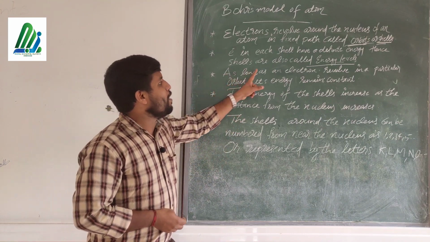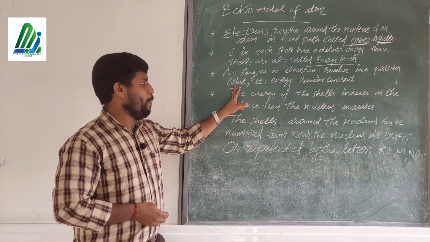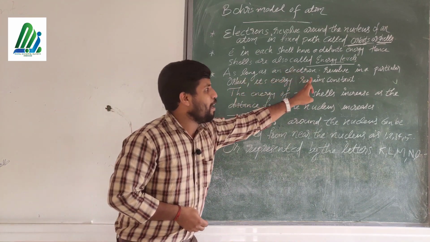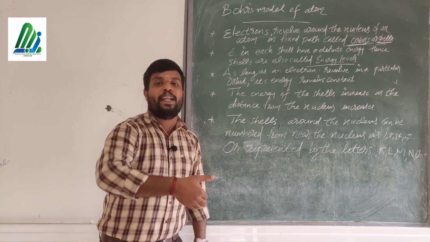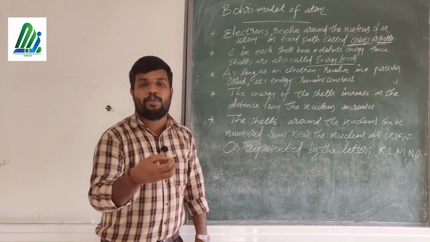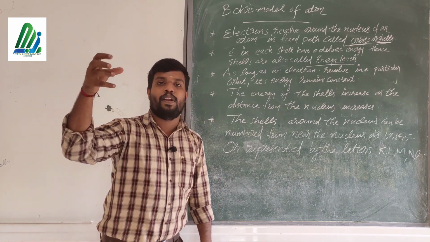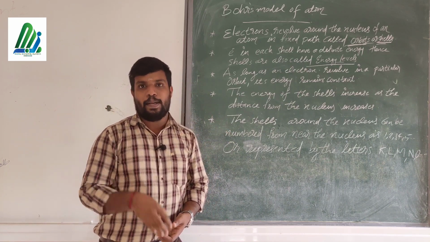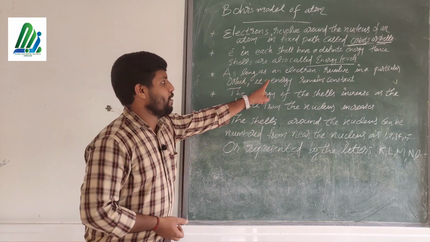Third one: as long as an electron revolves in a particular orbit, its energy remains constant. It is very important. Here is the explanation related to the energy loss we discussed in the previous class. The electron would collapse into the nucleus, but that does not take place in an atom. What is the reason for that? This is the reason.